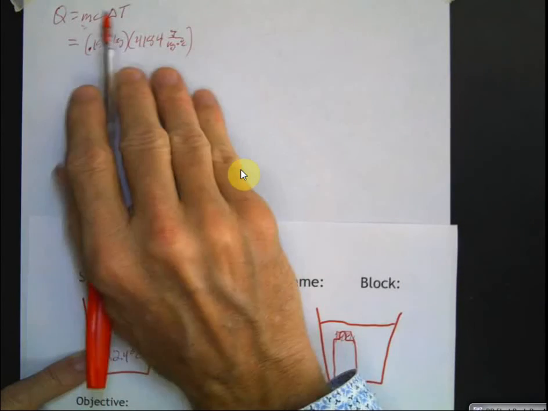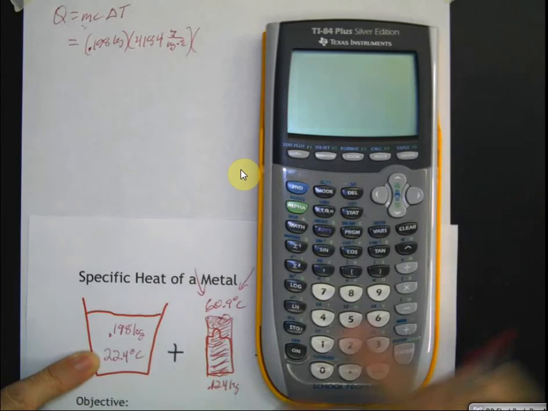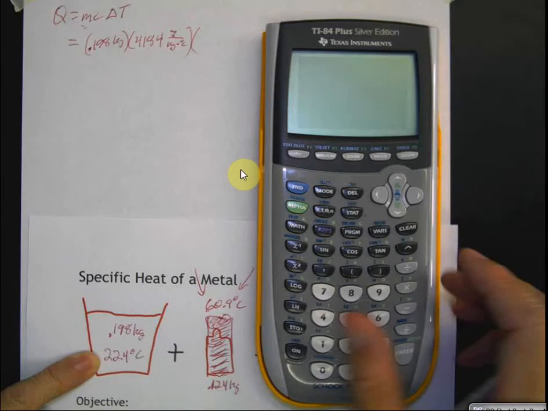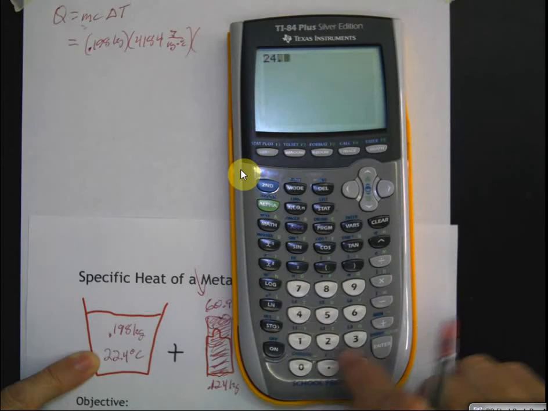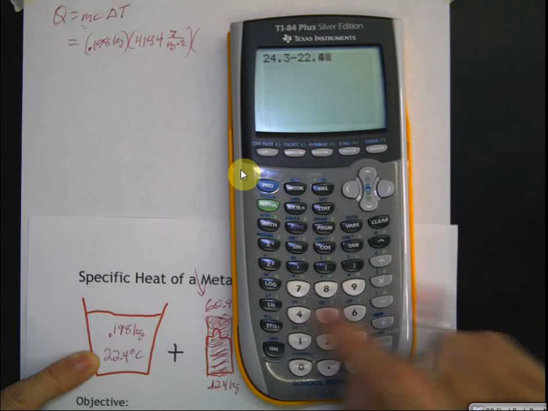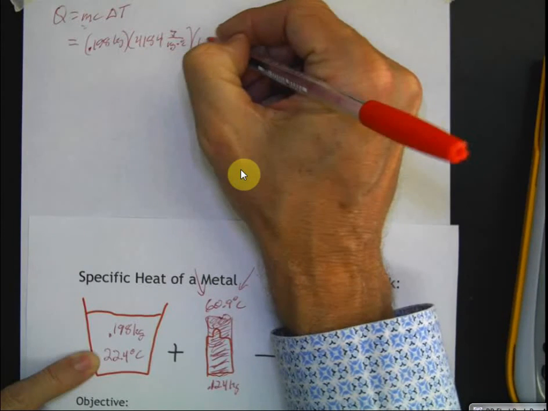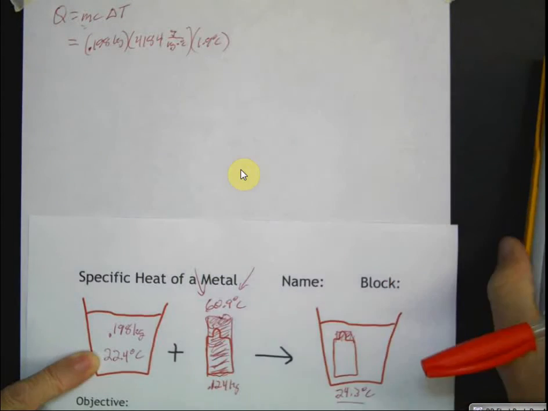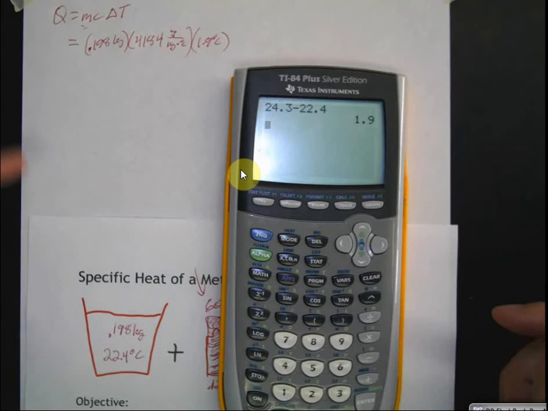Now we need the delta T. In order to get the delta T, you're going to take your calculator and look at the temperature at the end, which was 24.3 in this case. And you're simply going to subtract the temperature at the beginning, which was 22.4. That gives us a temperature change of 1.9 degrees centigrade. And from that we're going to be able to get the energy that actually went into the water.